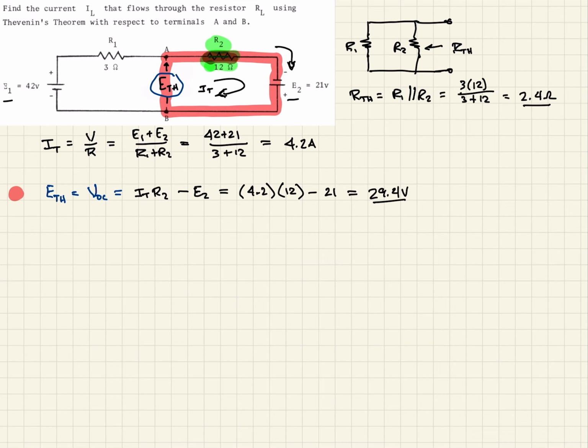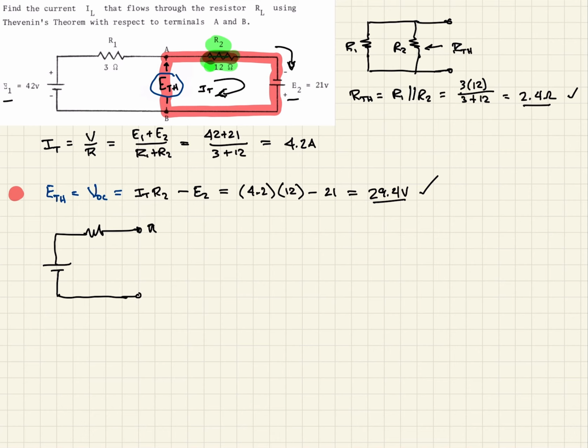So now we have our Thevenin resistance and we have our Thevenin voltage. So we can redraw this circuit with nothing connected between A and B. And when we do, what we have is our voltage source. Remember, our Thevenin equivalent circuit is simplified down to a source and a resistance.